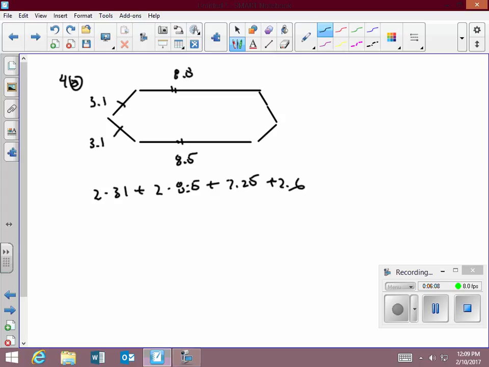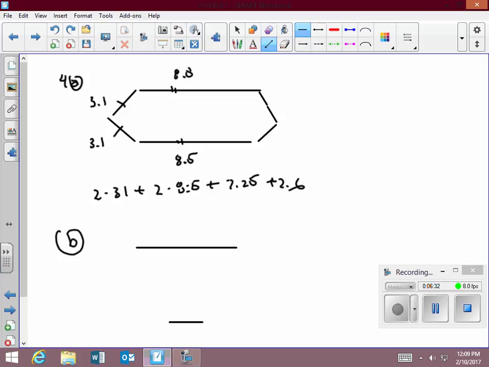Now that B part, the way it's drawn, it just does not show perspective to me. You just have to go with what they tell you.